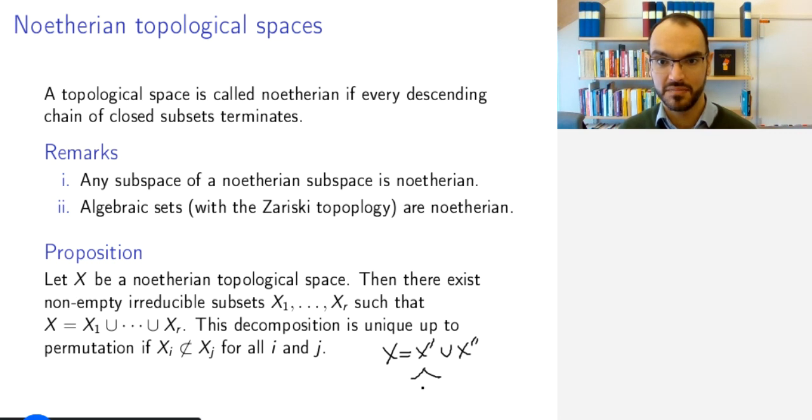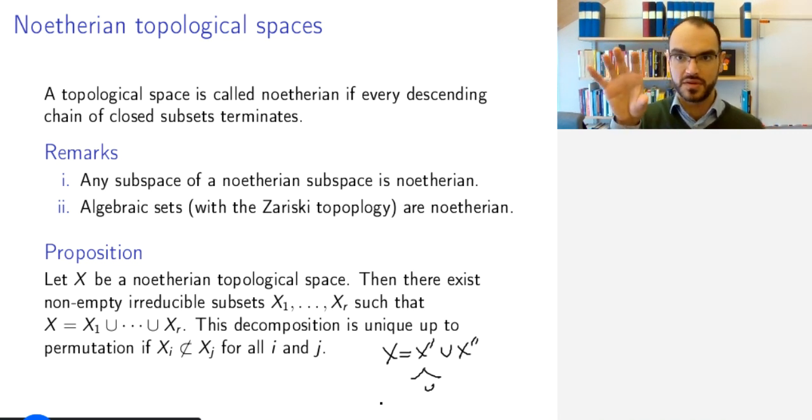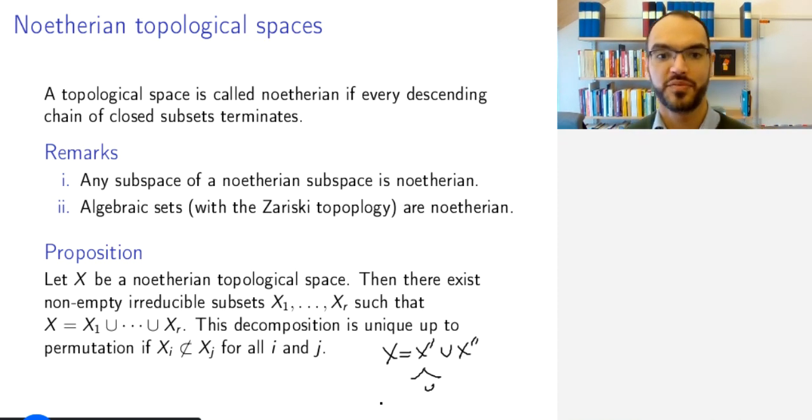So you can play the same game and write this as a union and continue indefinitely. And this contradicts noetherianity. And uniqueness is proved by assuming that you have two such decompositions, and conclude that each irreducible subset must be included in exactly one irreducible subset on the other side, and do this mutually to prove uniqueness. I leave the details to you.